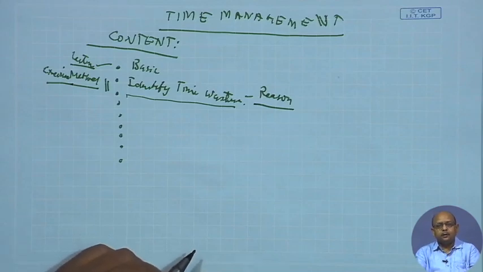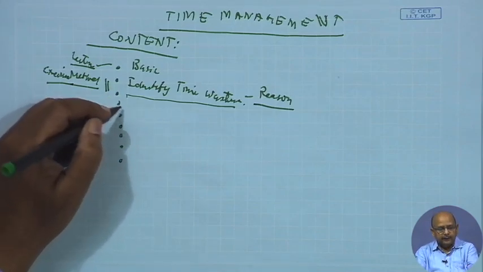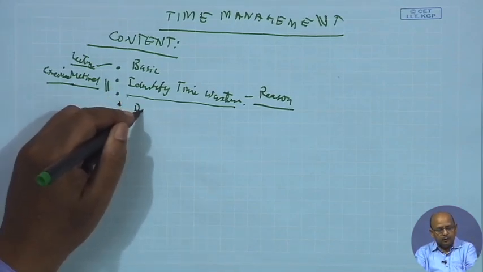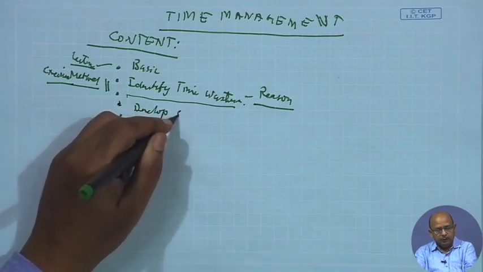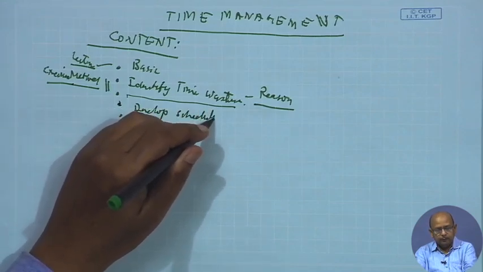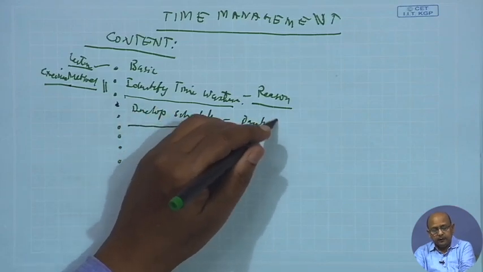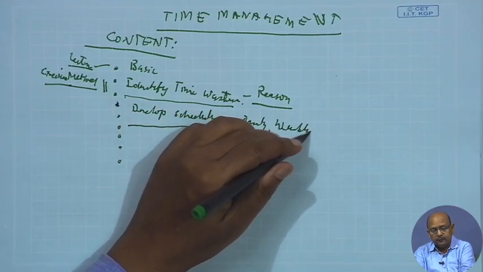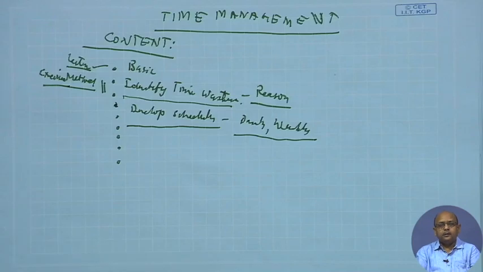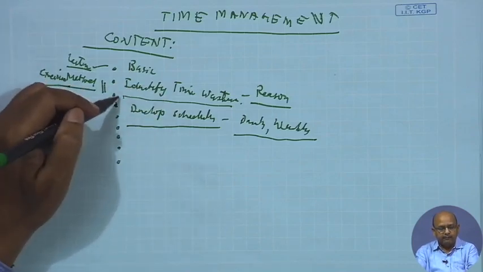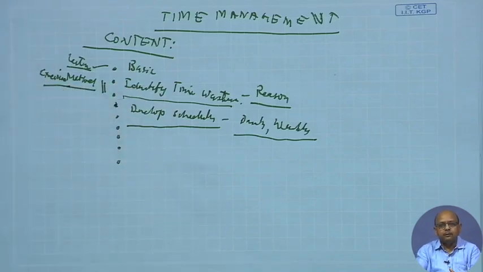Okay. Then next you can ask them to develop schedules. It could be on a daily basis, it could be on a weekly basis, right. So, once you are able to identify your time wasters, you know what are the things that you need to do, what are the things that you do not need to do, right.